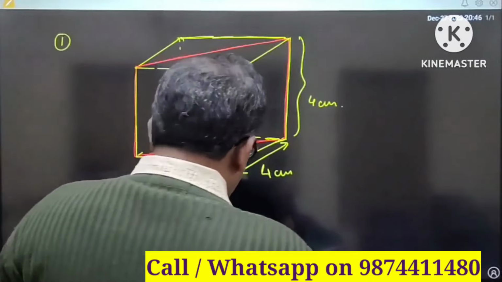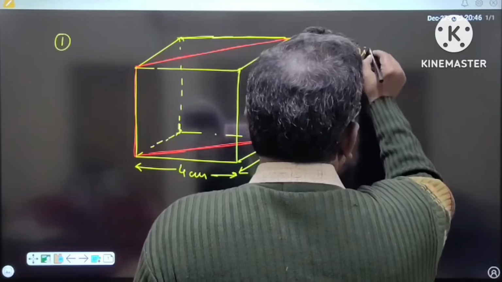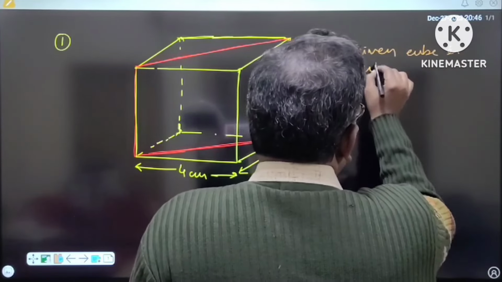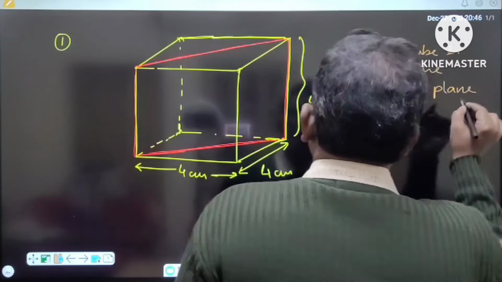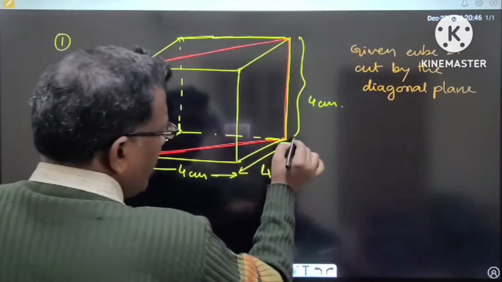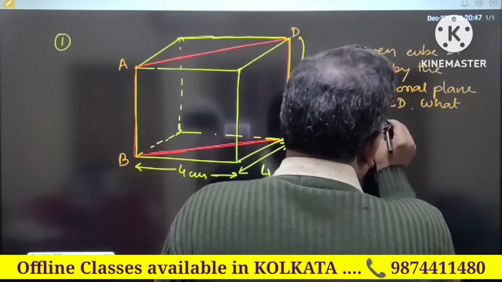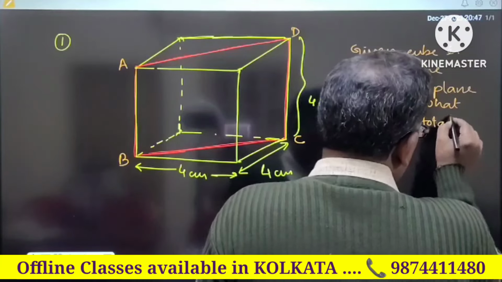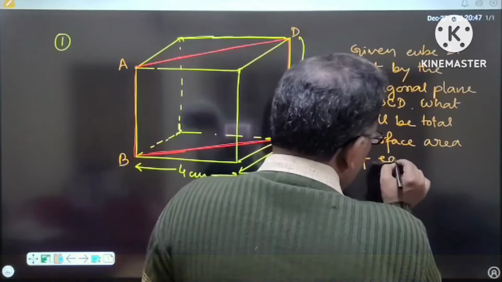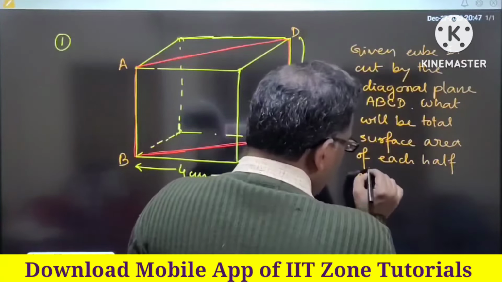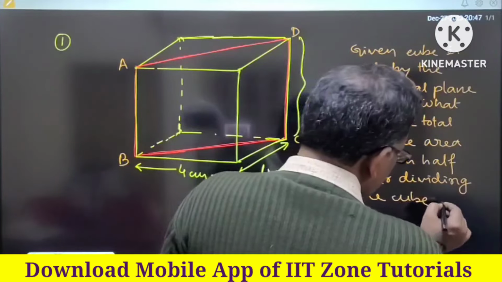The given cube is cut by the diagonal plane. Yes.